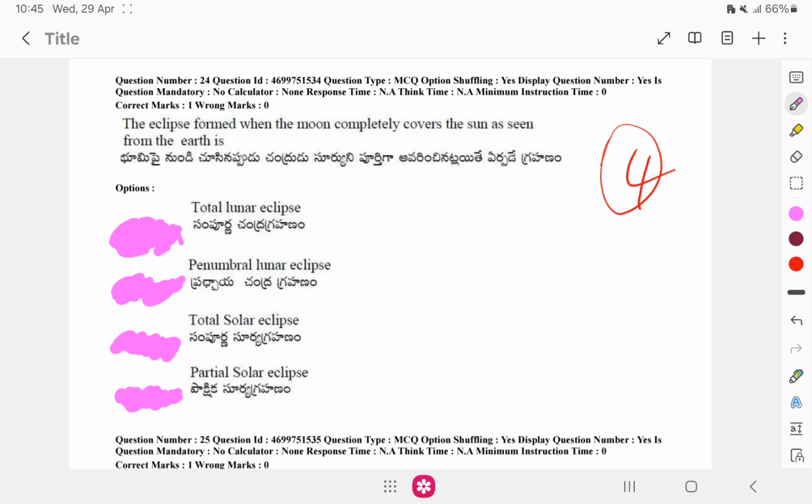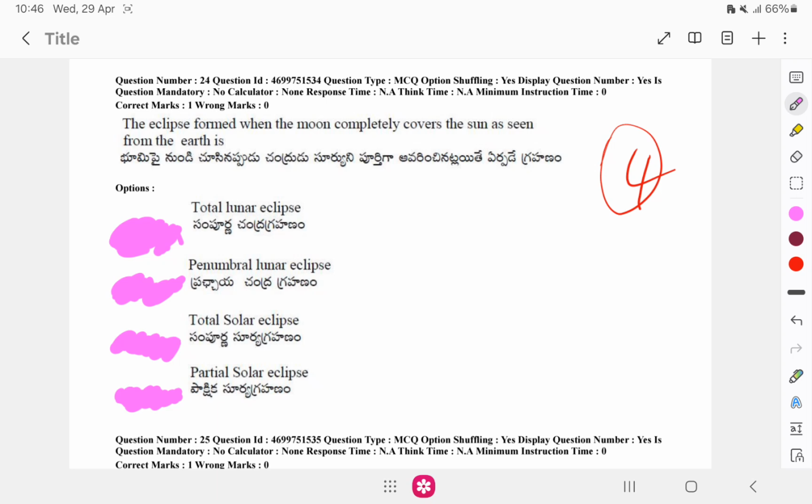The eclipse formed when the moon completely covers the sun as seen from the earth is. Here are the options friends.